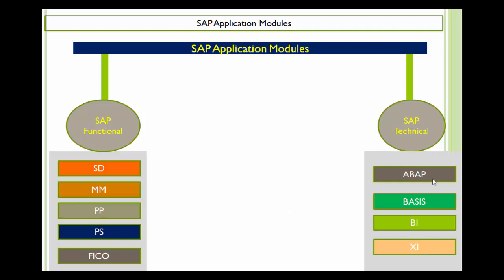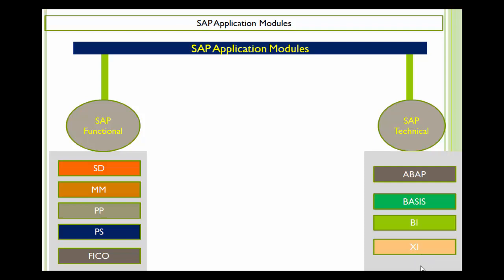Right side, SAP technical. ABAP is purely technical, ABAP is SAP's own proprietary language construct, and Basis admin like installations, BI technical, business intelligence, and exchange infrastructure or information exchange.